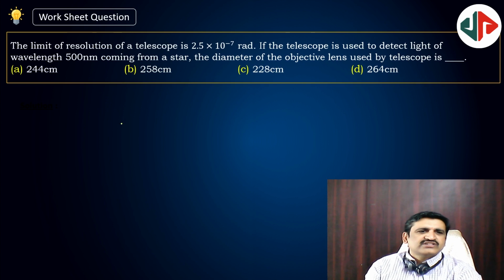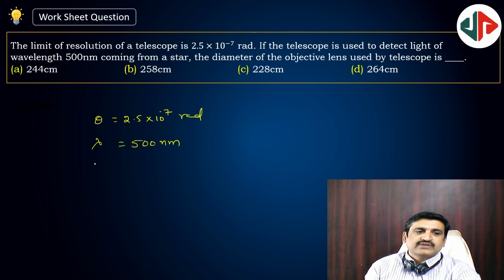The limit of resolution of a telescope is theta equal to 2.5 into 10 to the power of minus 7 radian. If the telescope is used to detect light of wavelength lambda equal to 500 nanometer from a star, the objective diameter d is equal to how much?